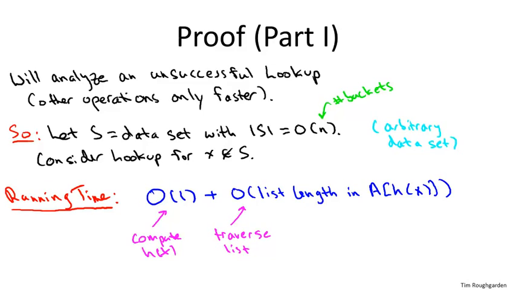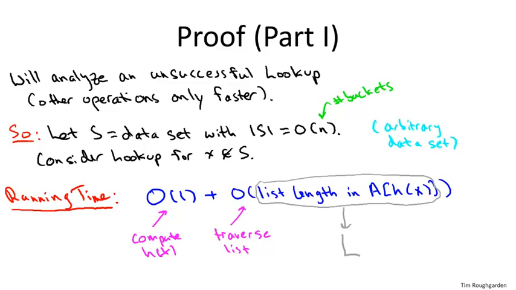So let's give this a name, capital L. It's important enough to give a name. What I want you to appreciate at this point is that this key quantity, capital L, the length of the list in x's bucket, is a random variable. It is a function of which hash function, little h, we wind up selecting in real time.